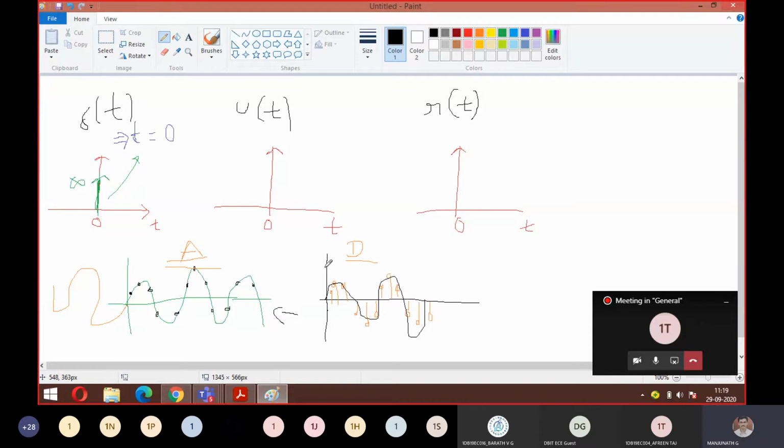Time consumption plays a major role. Speed is more in digital than in analog.